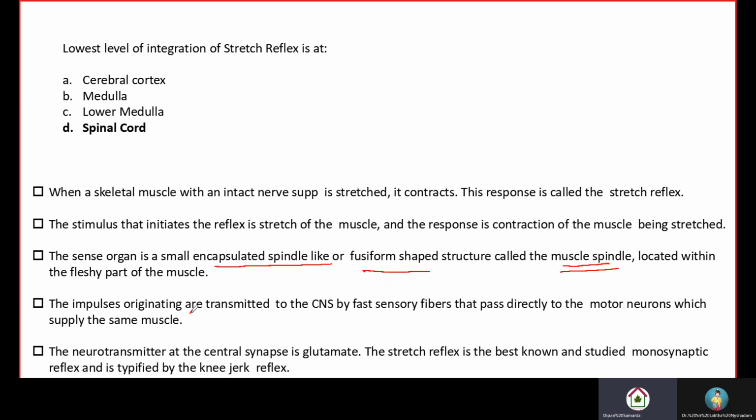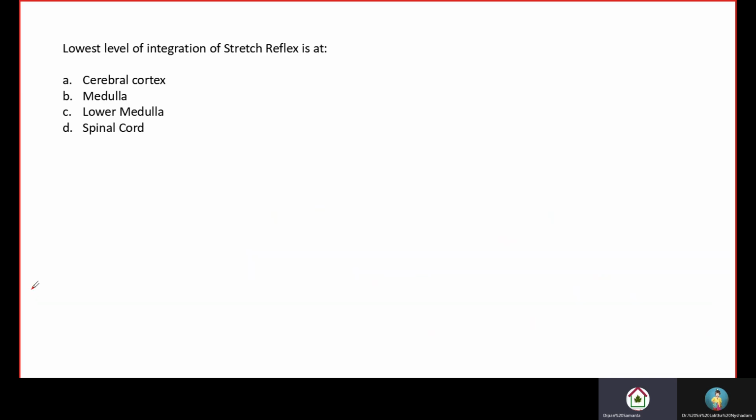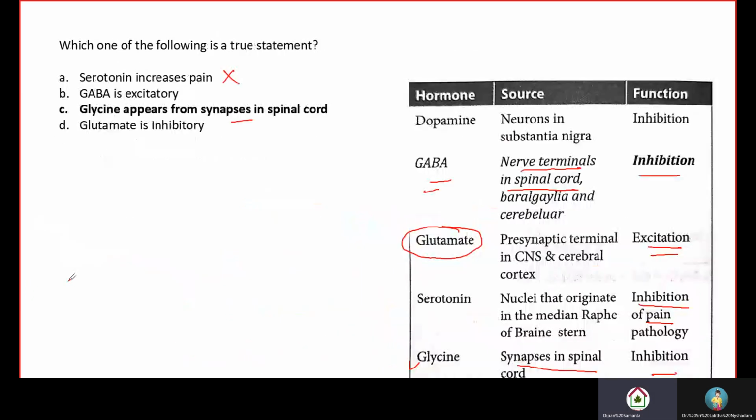They originate impulses which are transmitted to the CNS by fast sensory fibers directly to the motor neurons which supply the same muscle. The neurotransmitter at the central synapse is glutamate. As we know, glutamate is excitatory, right?